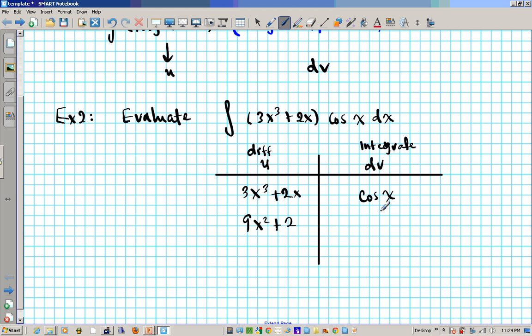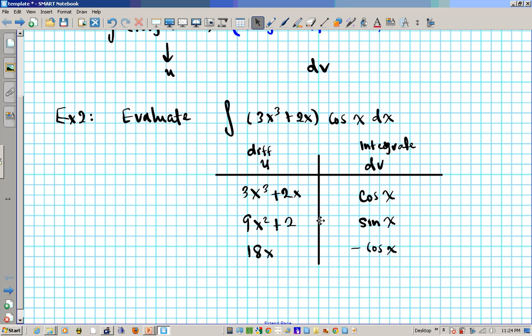And then the integral of cosine x is sine x. This is not 0 yet, so we keep going. Differentiate this again, we're going to have 18x, and the derivative of 2 is 0. And then the antiderivative of sine x is simply negative cosine x.